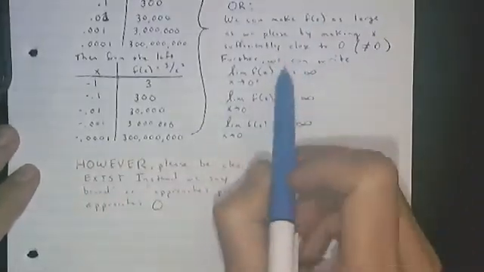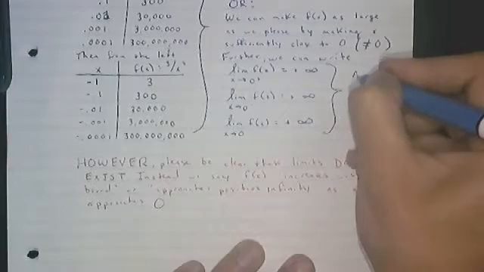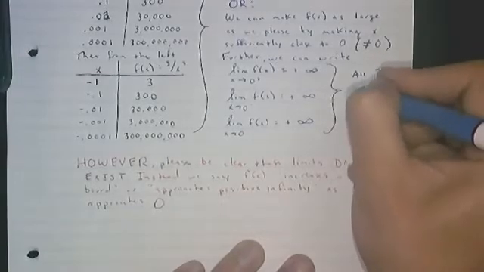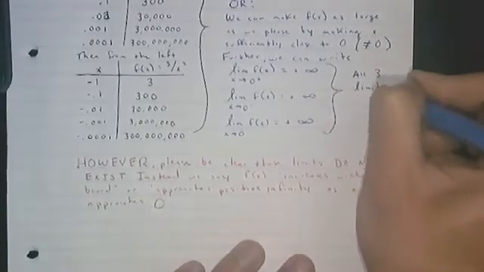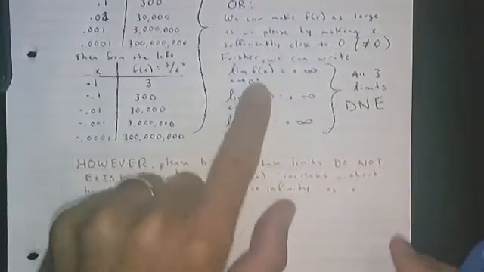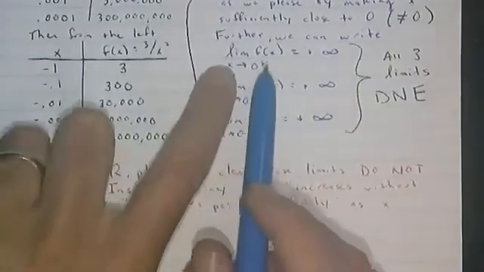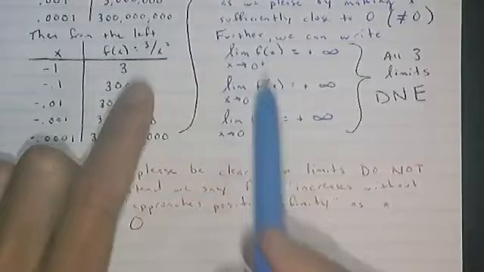I know this looks like it's saying that these things equal infinity, but they don't. They do not exist. So all three limits, D and E. This is a statement about the behavior of your function, not an equivalency about what this thing is. Can't be equal to infinity.